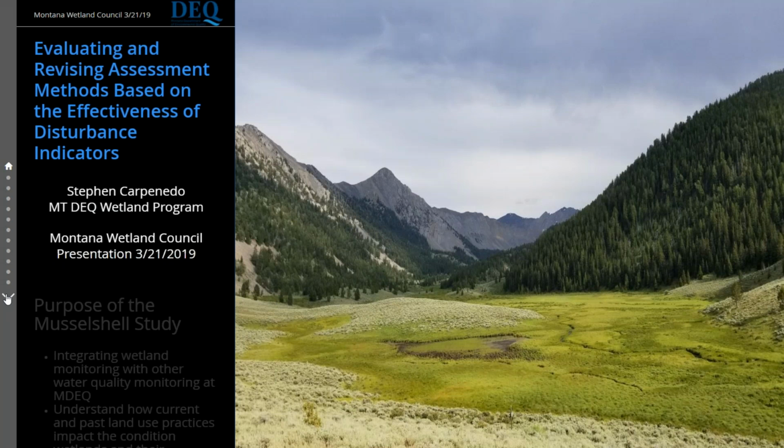Thank you. I do want to say right up front I'm using a new presentation format, and I hope it works. So if you see me struggling a little bit, I apologize. So today what I'm going to actually talk about is some wetland assessment work that we conducted in both the Musselshell and the Red Rock River basins. And this talk is very much a methods talk.